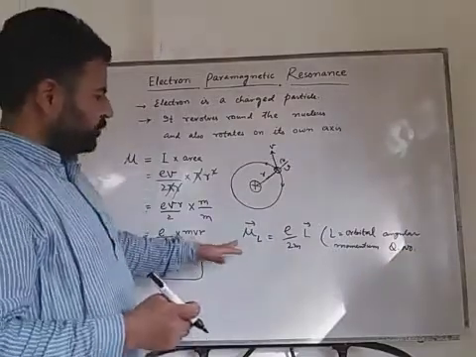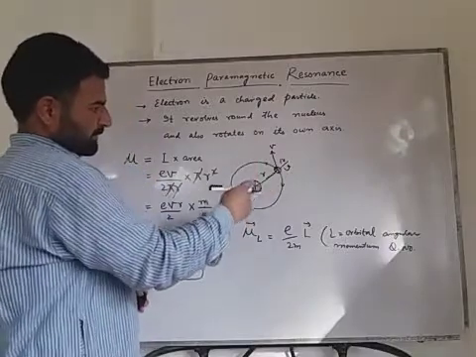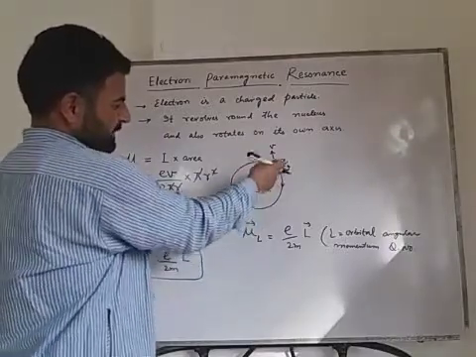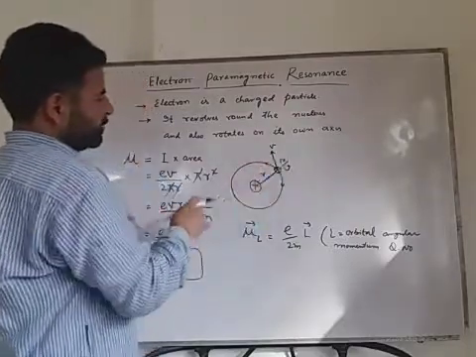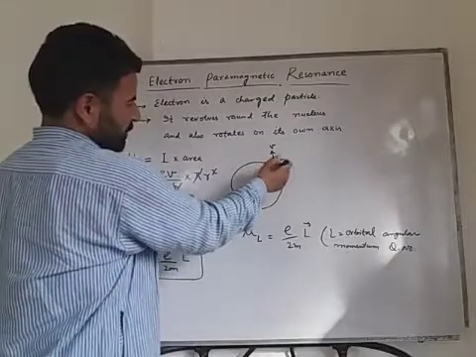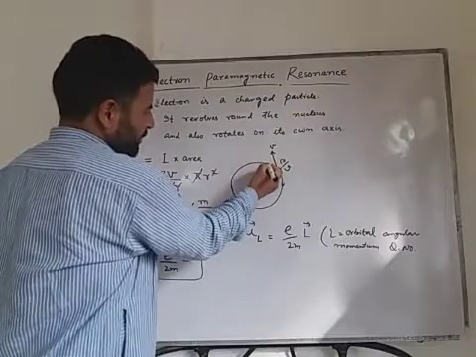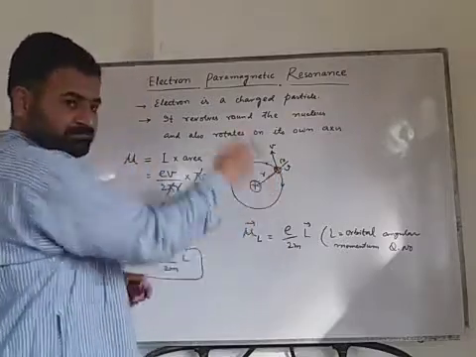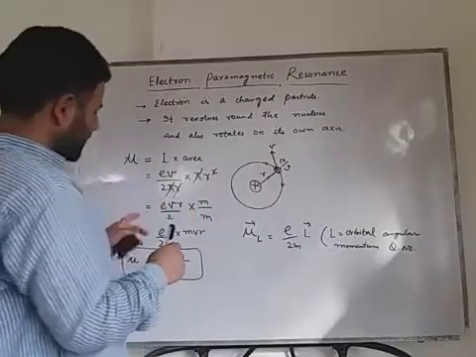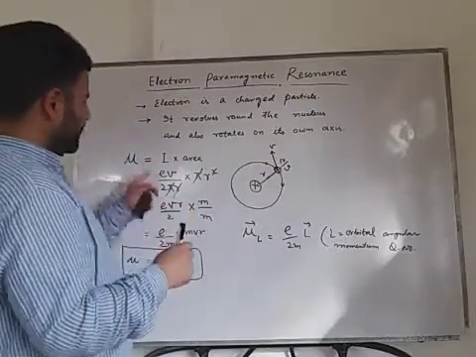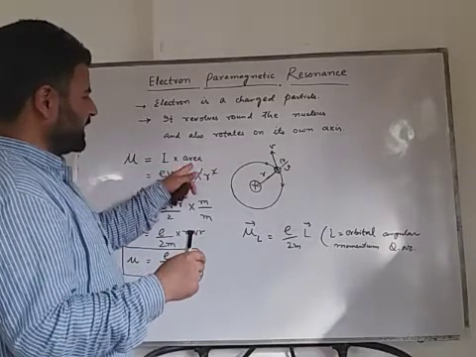But since we know that when the electron revolves around the nucleus in the anti-clockwise direction, I told you that the direction of the angular momentum will be outside the plane. But at this very time, when it is anti-clockwise, the direction of the current will be clockwise. So this magnetic moment is given by current multiplied by area.